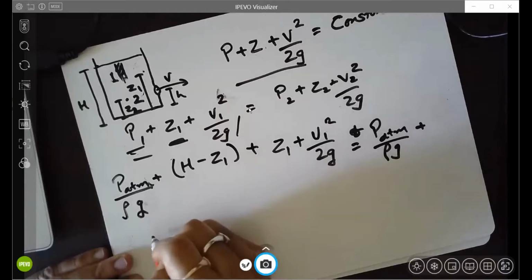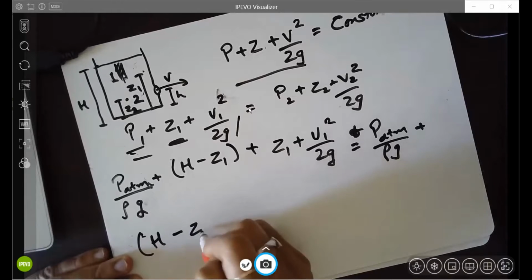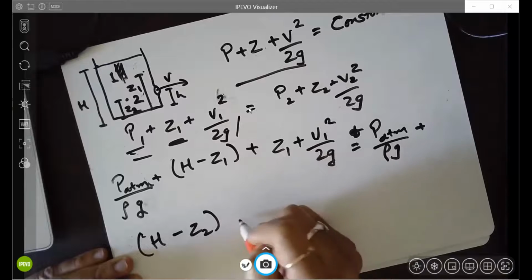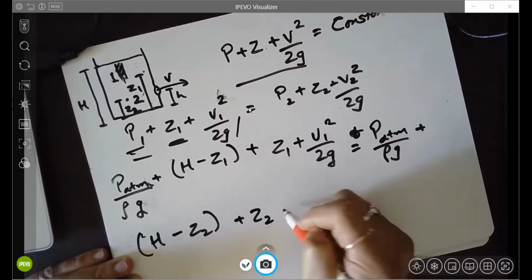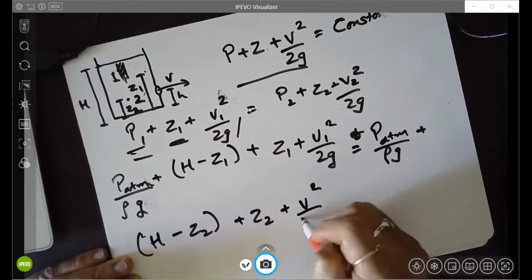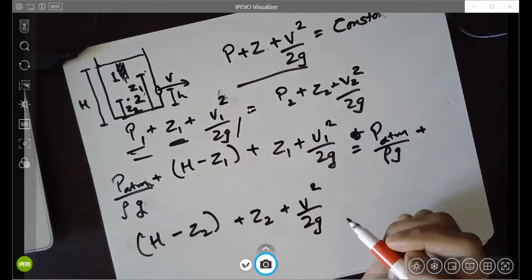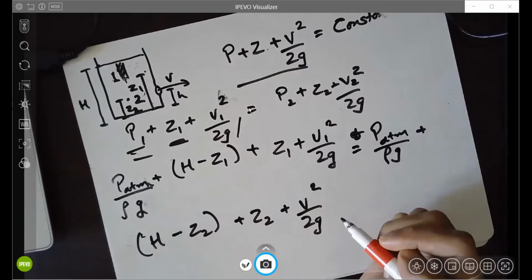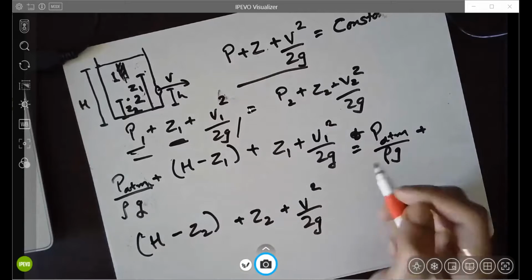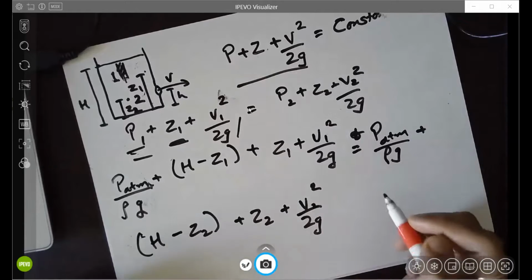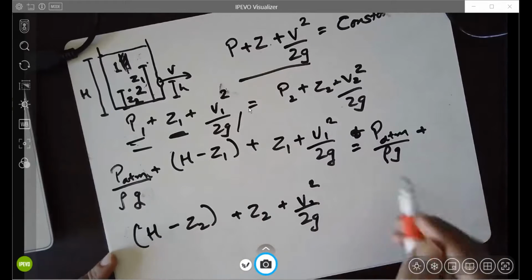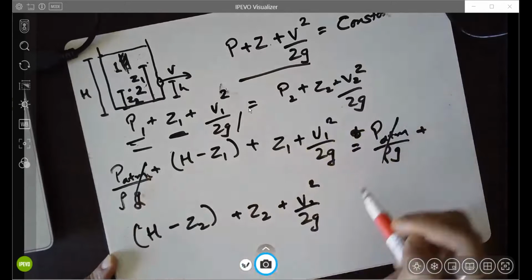So P atmosphere plus H minus Z2 plus Z2 plus V2 square by 2g. Okay. So we will cancel.